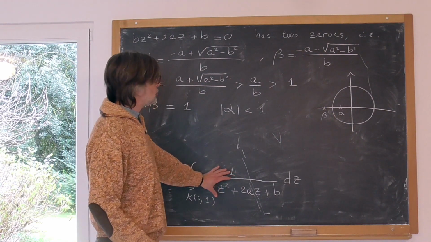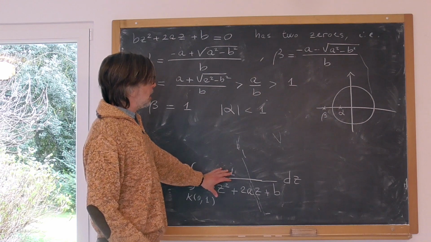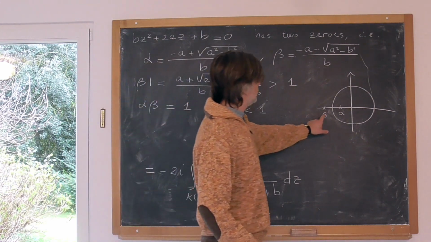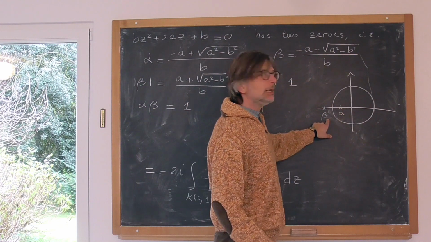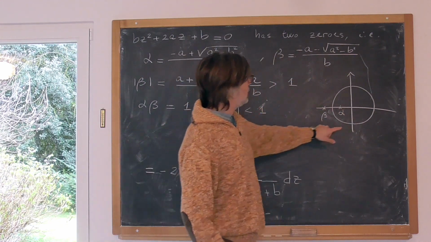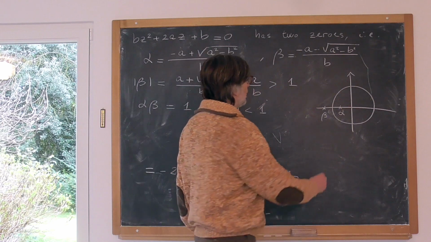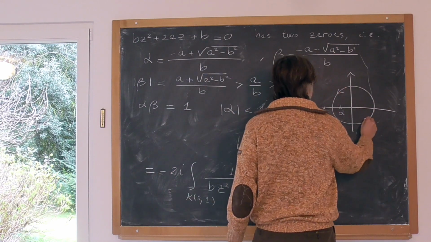Okay? So we have this holomorphic function which has two singularities, one at alpha and one at beta. Only one of them is in the region bounded by our contour.